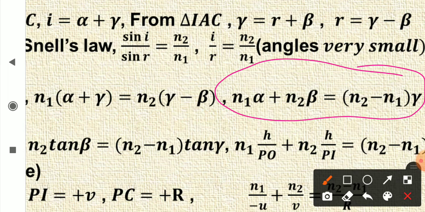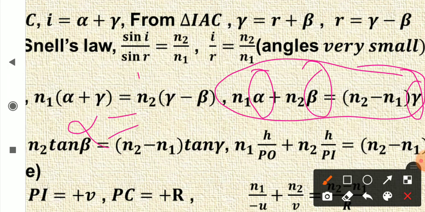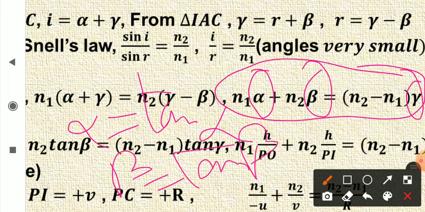And now we will write values of alpha, beta and gamma. These angles, alpha, beta, gamma, are also very small. So alpha can be written as tan alpha, beta as tan beta, and gamma as tan gamma.